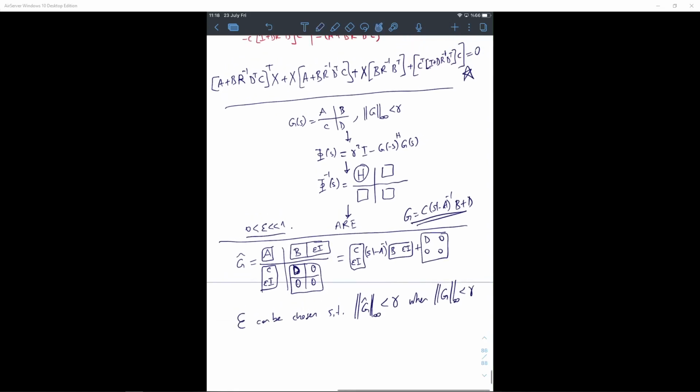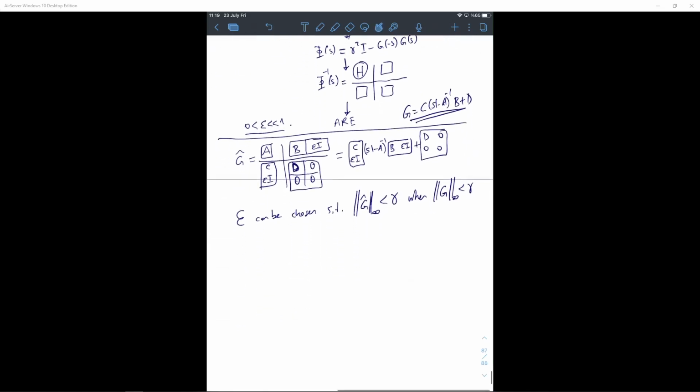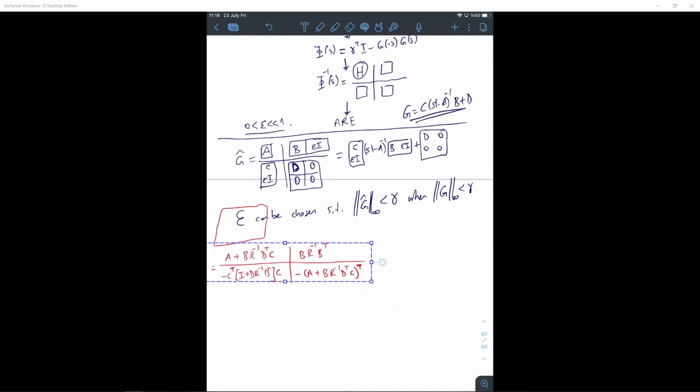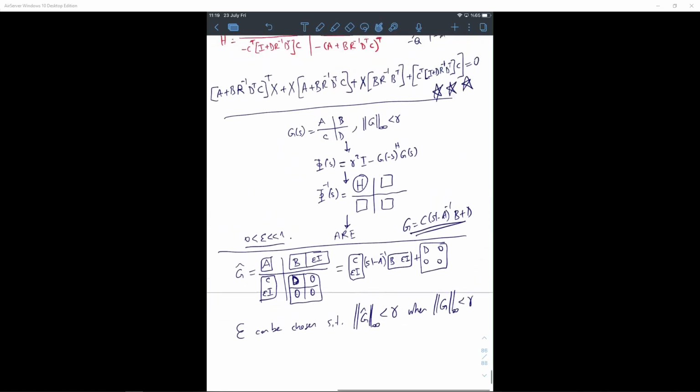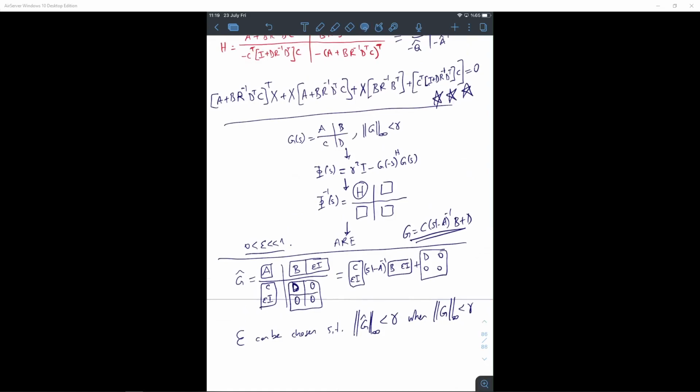Let's remember this equation once again. Let me copy it.